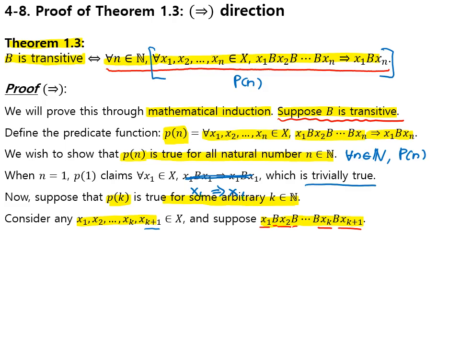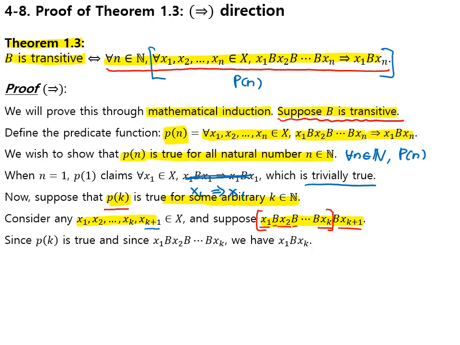So, right. We have assumed that Pk is true, right? Since Pk is true, we have here, right? Remember that this long chain is a chain of conjunctions. So we can look at this conjunction that connects from x1 to xk by itself.